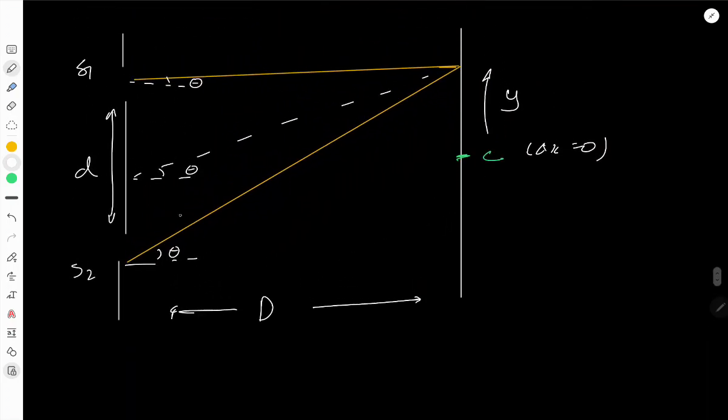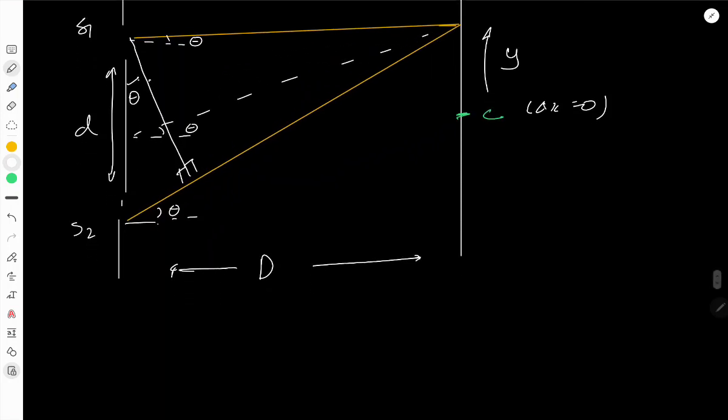As this is theta, we put a perpendicular as we did the last time. This is 90, and now this is theta and this becomes theta. This is 90 again. This is theta and this is theta. So alpha plus beta must be theta as we proved earlier, and alpha plus beta must be equal to 90.